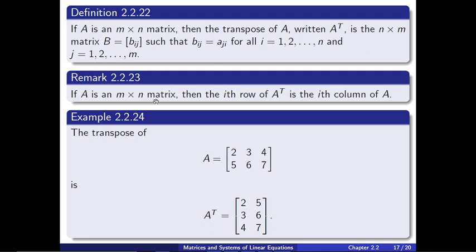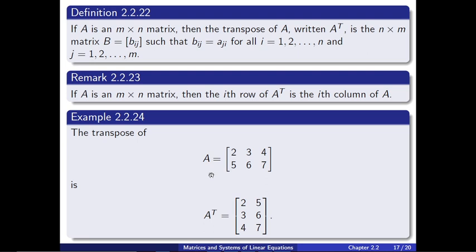If A is an m by n matrix, then the ith row of A transpose is the ith column of A. So that's what it means here when we reverse the order of the rows and columns.